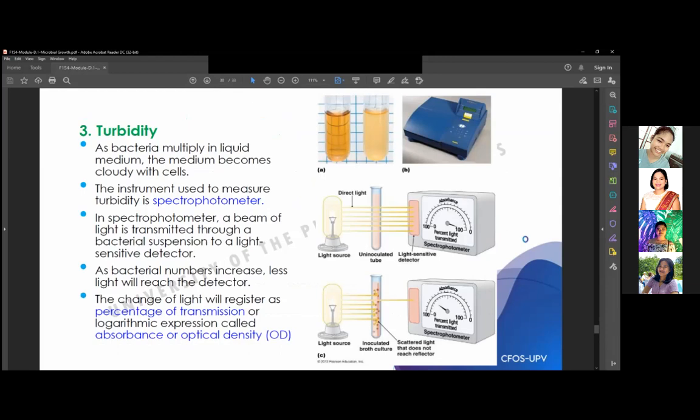You put in your sample in between the light source and the detector, and the number of microorganism is estimated based on the amount of light that passed through from your light source to your detector. Ganun yung principle on how spectrophotometer works in determining microbial growth.